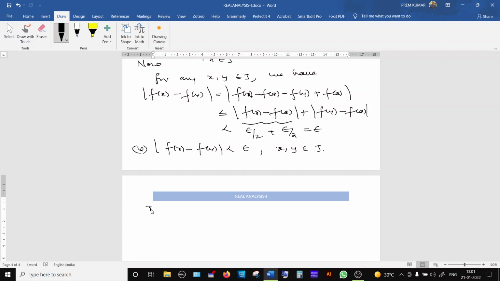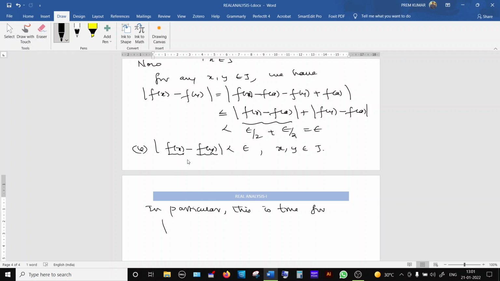In particular, this is true even for LUB and GLB. So this is true for any 2 elements x and y. The difference between the corresponding function values is always less than epsilon.